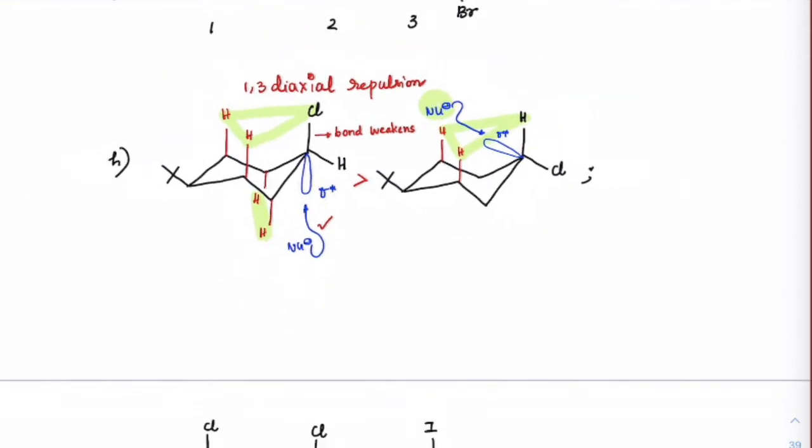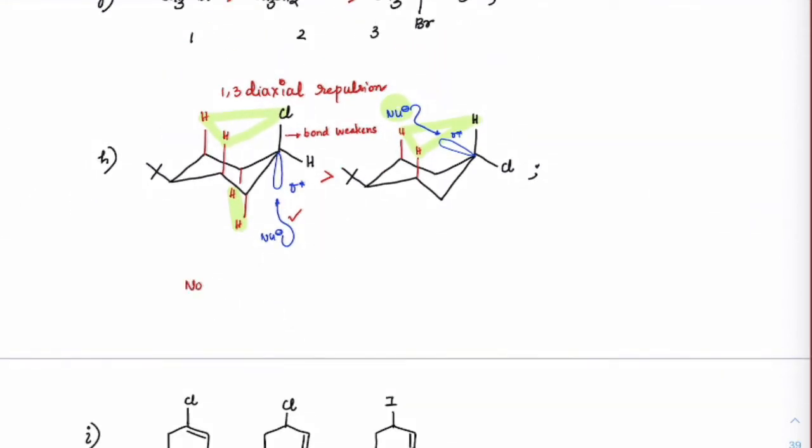Okay, so I'll make it as a note. The same thing happens even for SN1 also, because SN1 purely depends upon this bond strength. If the bond strength is weak, the carbocation can form very easily.